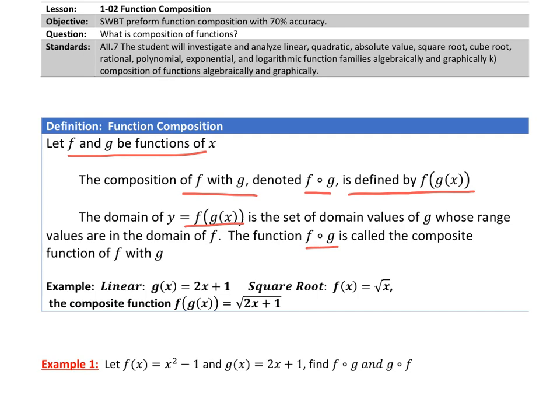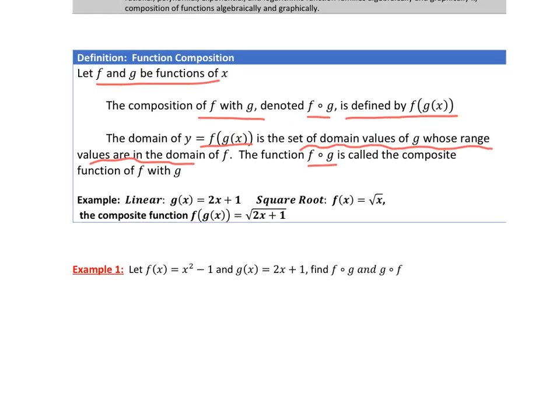As far as Algebra 2 goes, this part isn't a huge deal about the domain, but it basically means if an x value of g of x gives a y value that is not in f of x's domain, then that's not part of the composite function.